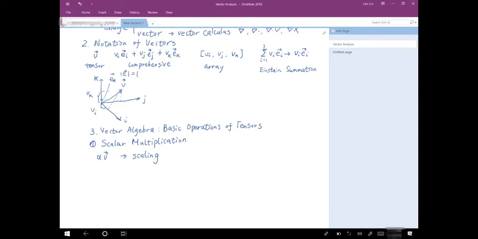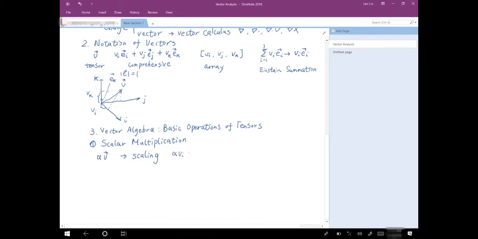And what happens if we use some other notations to represent it? For scaling, if we use the comprehensive vector notation, what happens is that we just multiply all the components of the vectors.